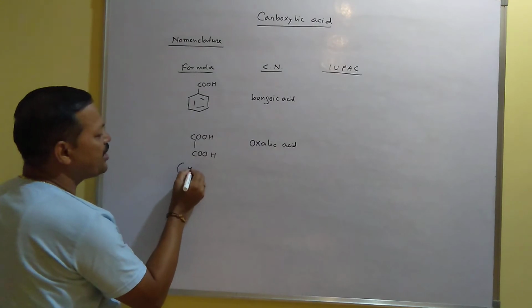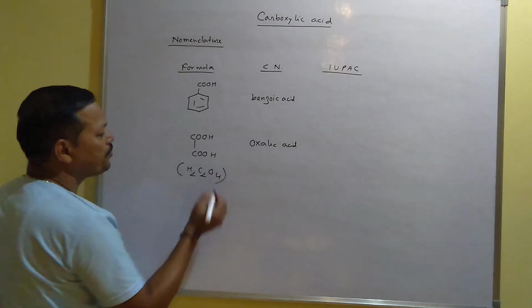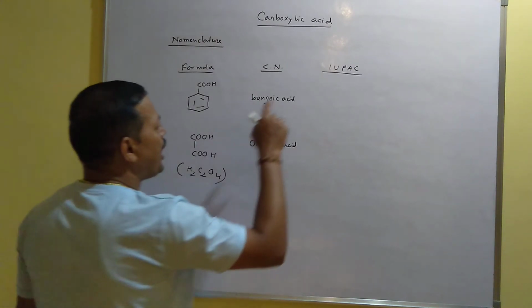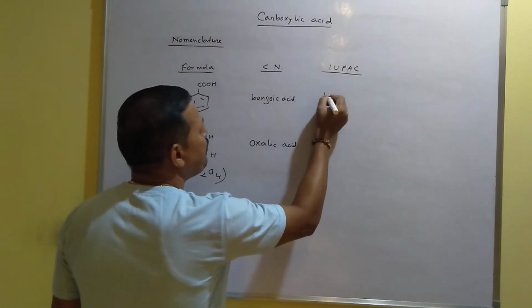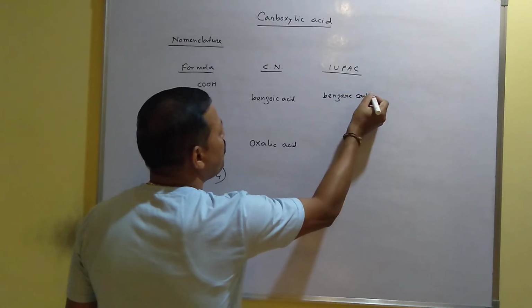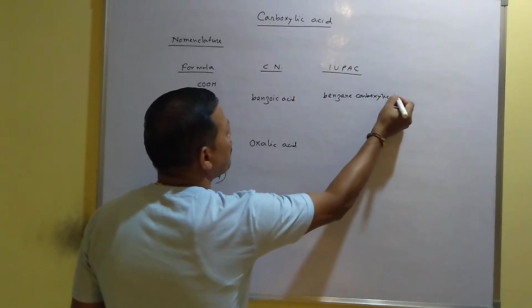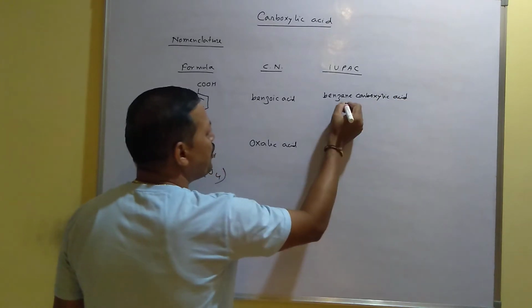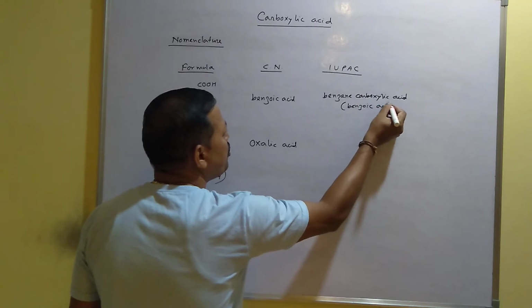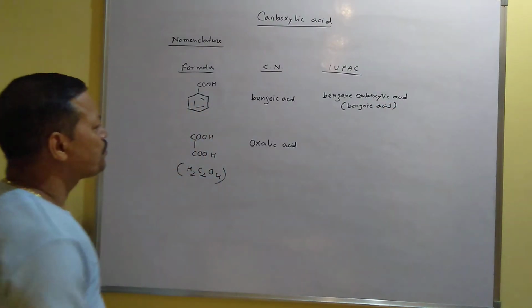Its formula is H2C2O4. The structural formula is like this. For the IUPAC name of benzoic acid, you can write benzene carboxylic acid. Nowadays benzoic acid is also considered as IUPAC, so you can write benzoic acid also.